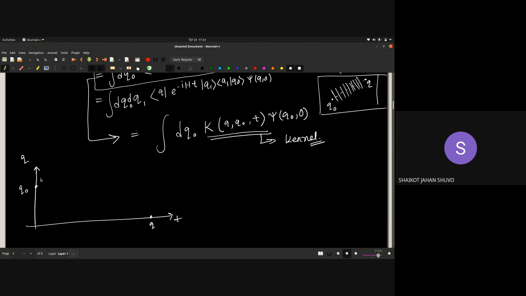There are many ways you can go. For example, let's say this is one of the paths. Since this is a time axis, let's say the final time is t, and here it's 0. So from 0 to t, the particle goes from q0 to q. And what you can do right now is break this path into very small steps. Let's say this is t1, t2, t3, and so on.